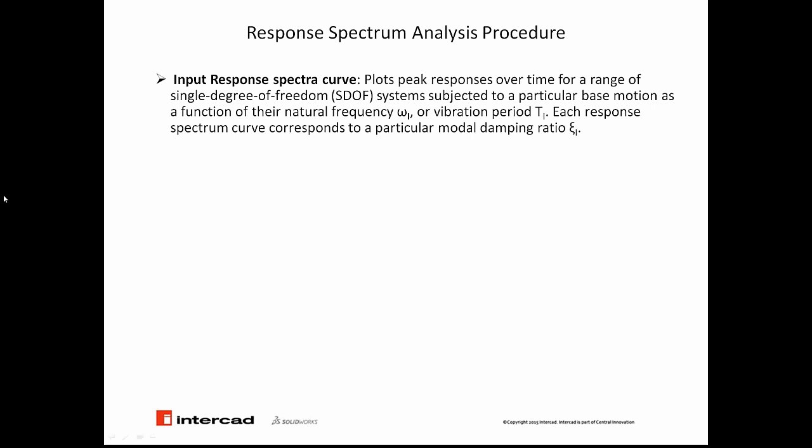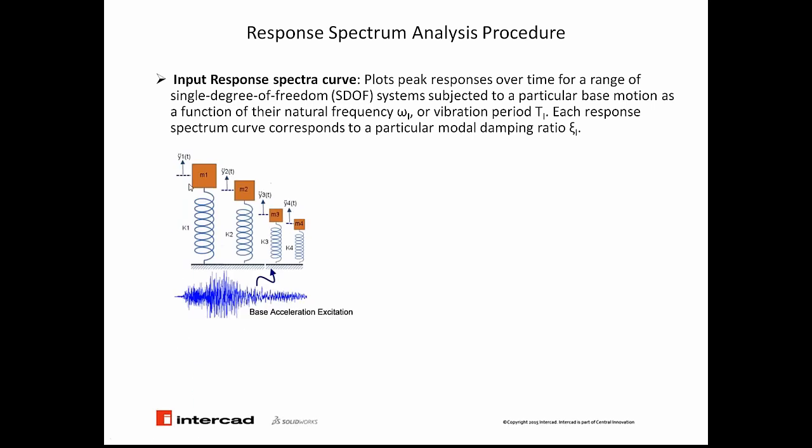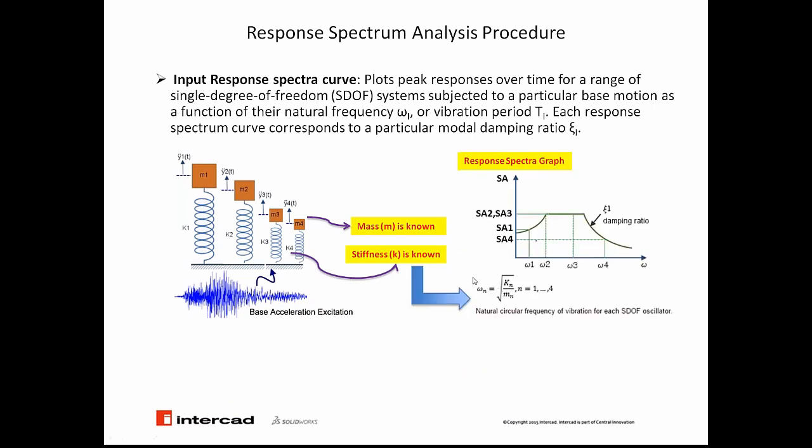For instance, in the picture here, we have multiple single degree of freedom systems, all subjected to the base acceleration excitation. Each structure has its stiffness and mass. Since we know the mass and the stiffness, we can calculate the natural frequency of the system. That is the x-axis of our response spectra graph.